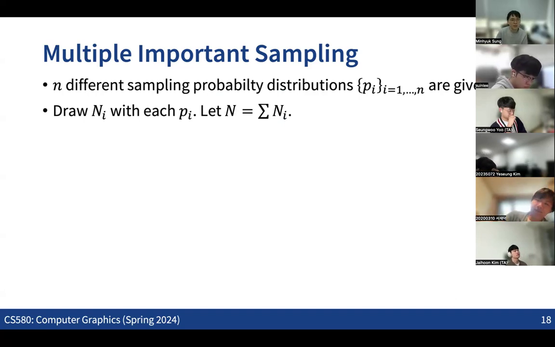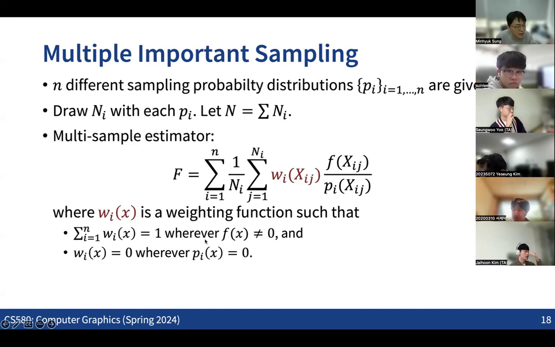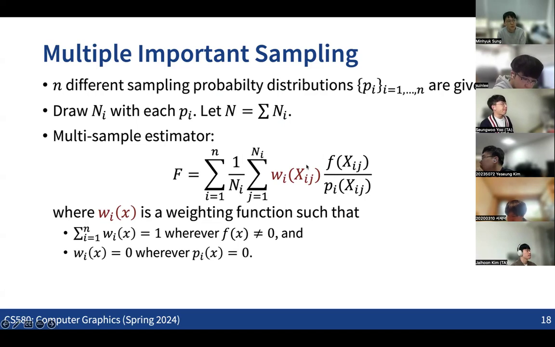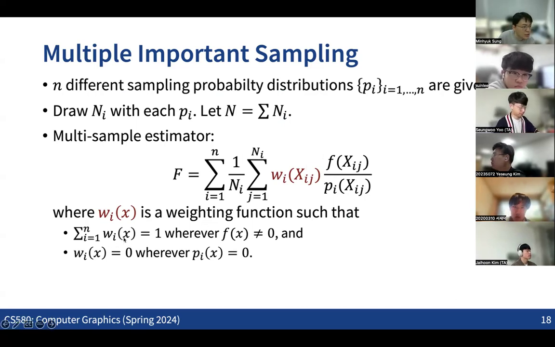For those cases, we define the multi-sample estimator like this. It is similar to the Monte Carlo estimator, but we have a weighting function here. We define the weight function so that for the same sample X, the sum of the weights becomes 1 over the probability density function.